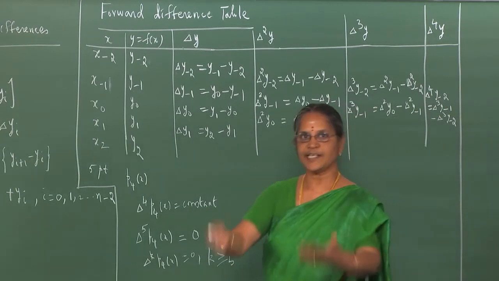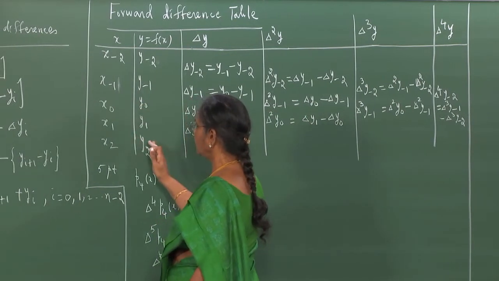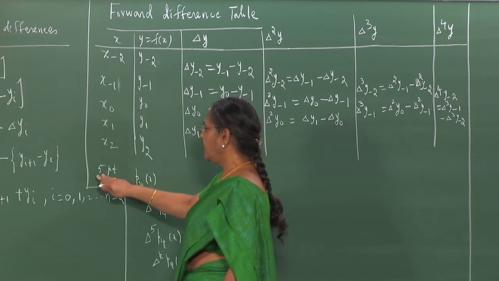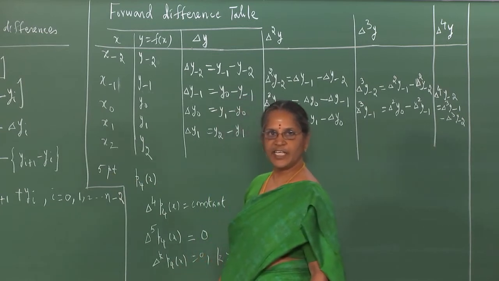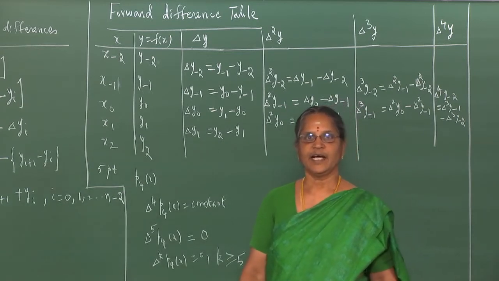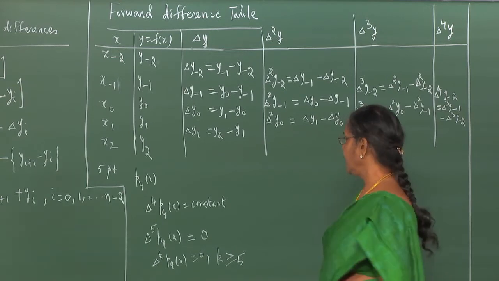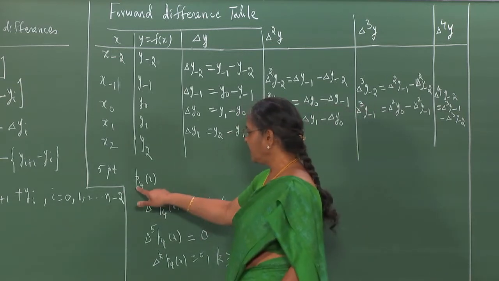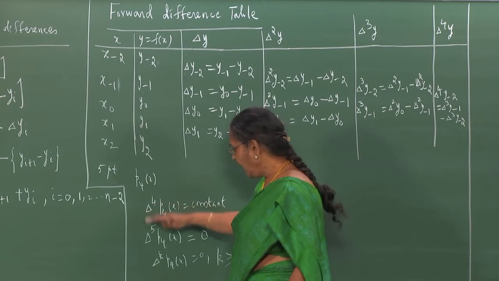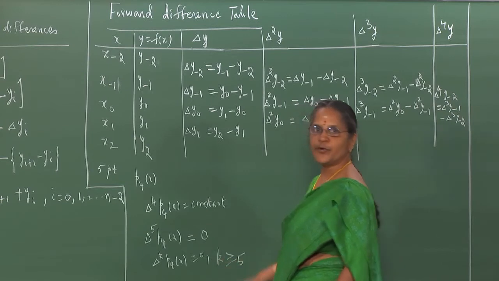I will just repeat again. We have a set of 5 discrete points at which the function values are given. So, there exists an interpolation polynomial of degree 4, P4 of x, that interpolates this function at these discrete points. We will show later that the fourth order difference of a polynomial of degree 4 is constant, and higher order forward differences of this polynomial of degree 4 will be 0.